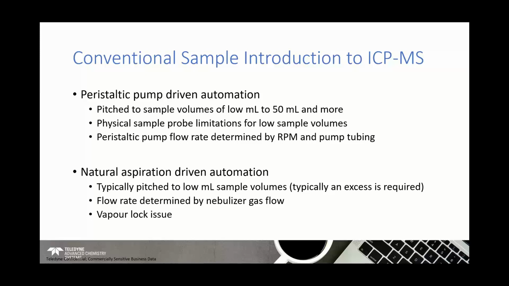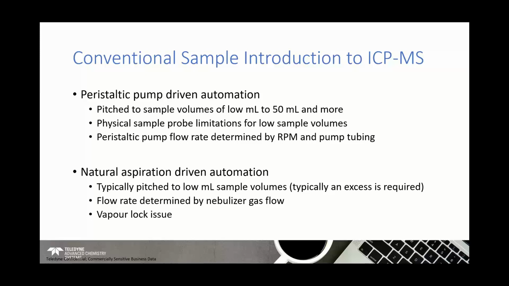Another conventional approach to automating this is a natural aspiration approach. With a nebulizer, with a sample probe on the end of the nebulizer line, that probe is part of an automation system. So you're relying on natural aspiration, the pull of the sample through the nebulizer according to the nebulizer gas flow. That's how you're introducing your sample.